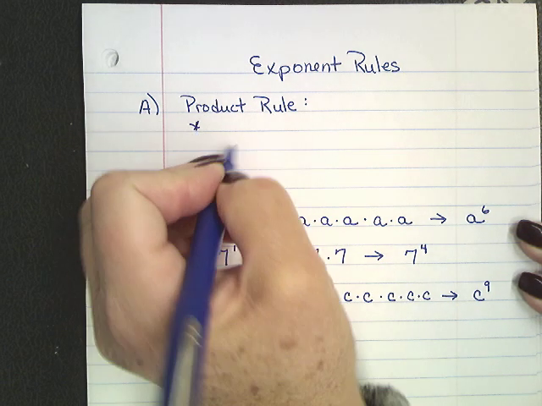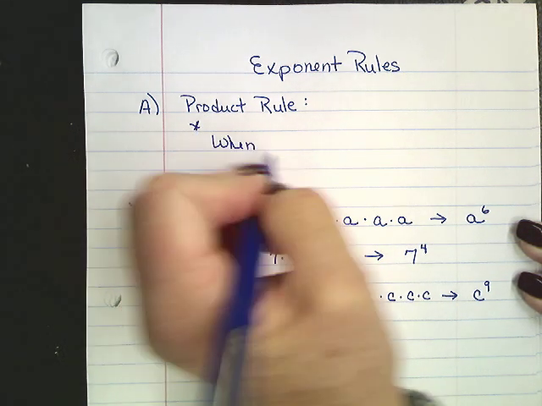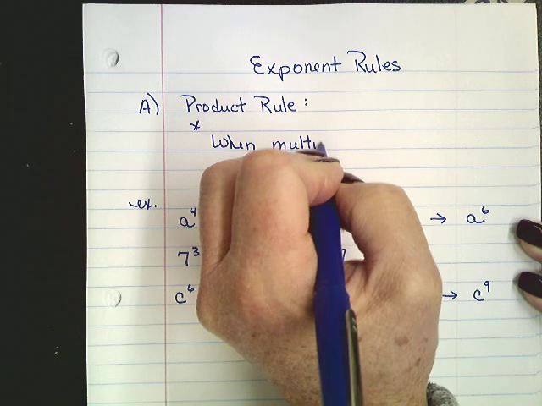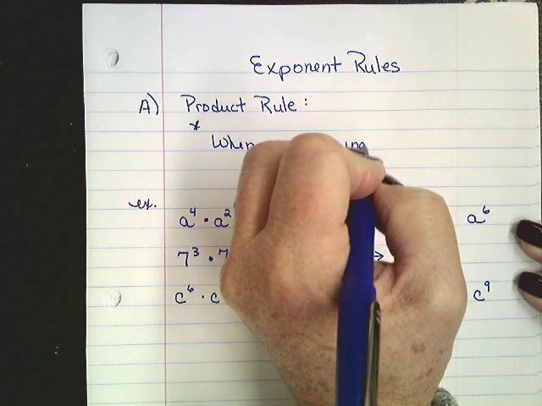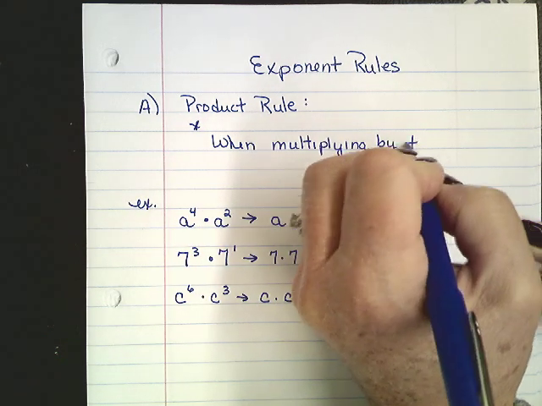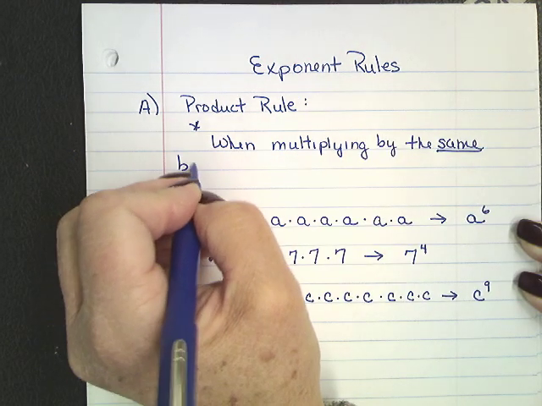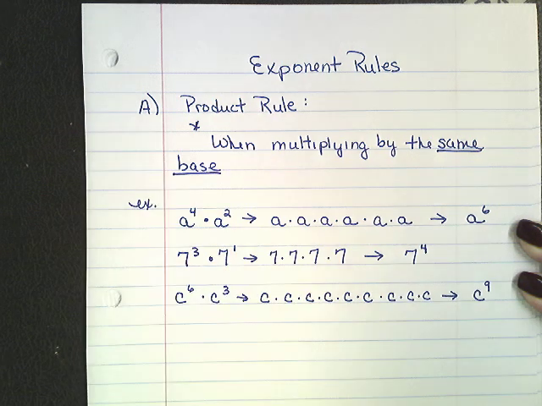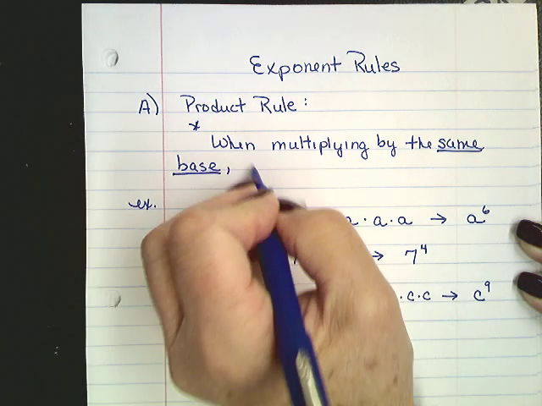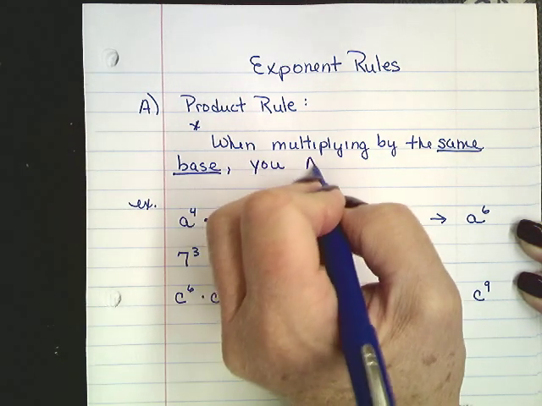Our product rule is when multiplying by the same base, you add the exponents.